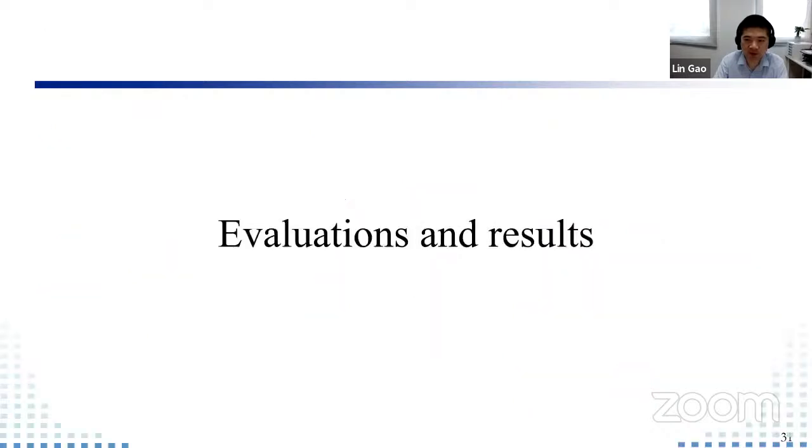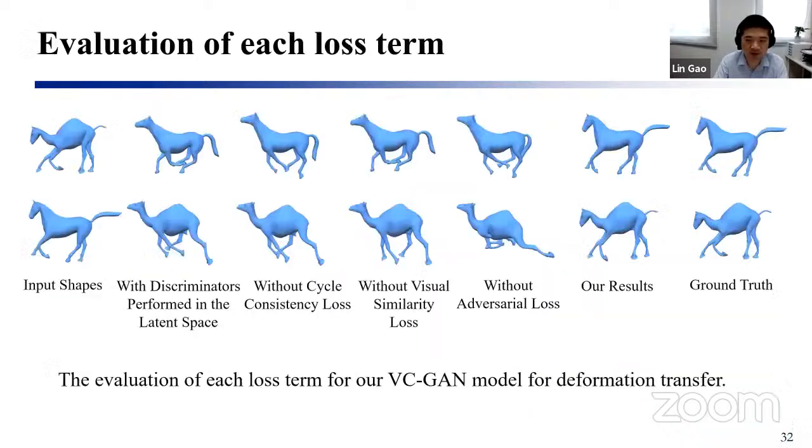Now let's look at the evaluation and the results. This is the ablation study of each loss. We could find that each loss is quite important for this task. With all the losses, the deformation of the input shape could be transferred to the target shape.